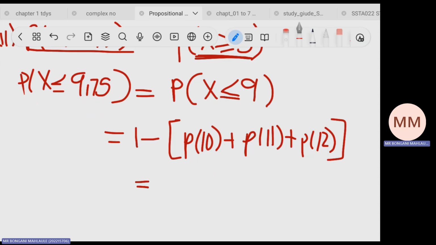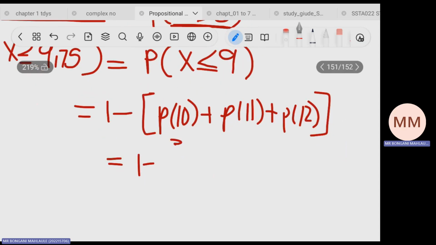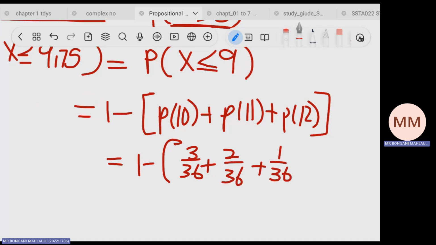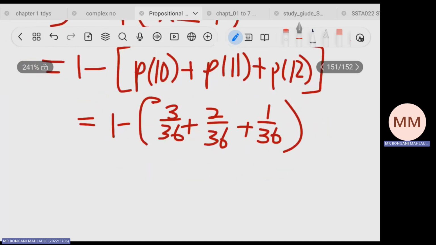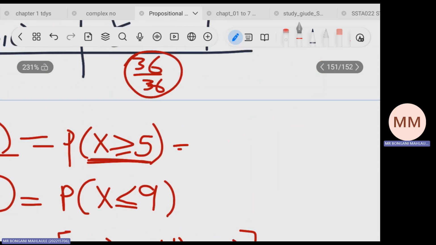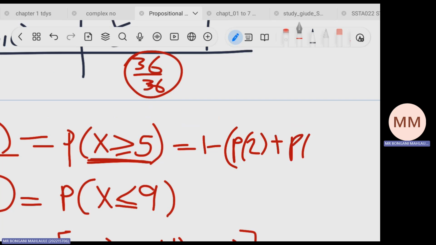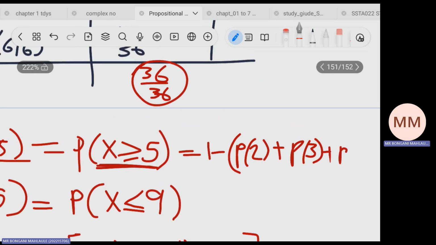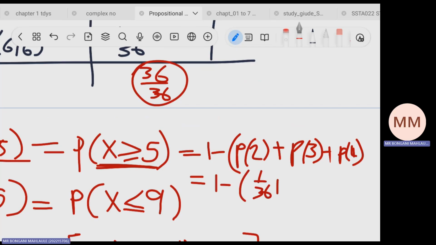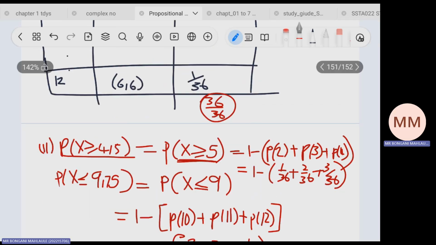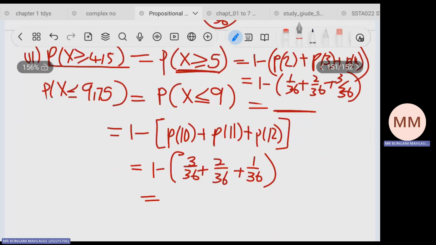So after summing this, you should get this plus 2 over 36 plus 1 over 36. If you complete the table, you should see this. And then similarly for this one, we should get 1 minus the probability of being 2 plus probability of being 3 plus probability of being 4. This will be 1 minus 1 over 36 plus 2 over 36 plus 3 over 36. So you'll do something like this and then you get your probabilities.